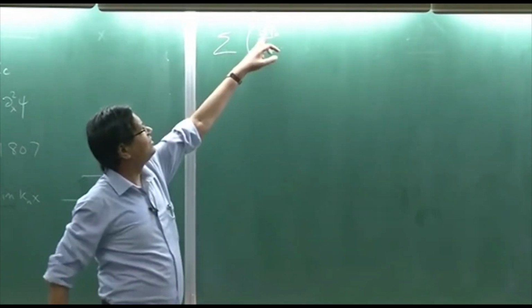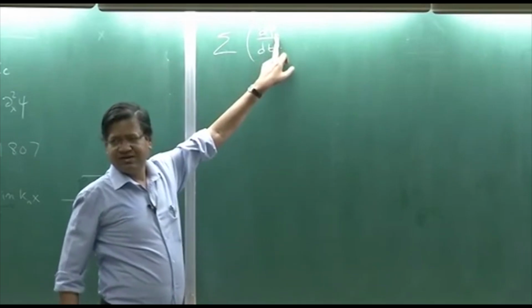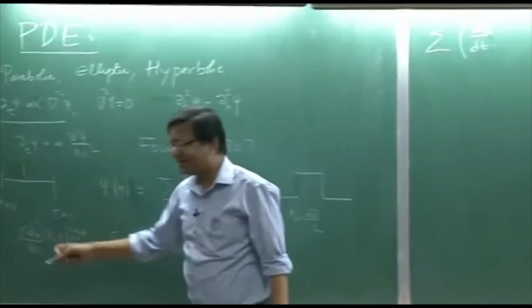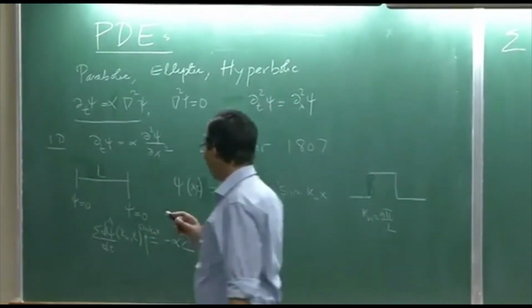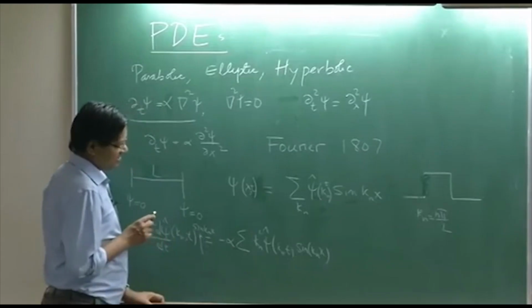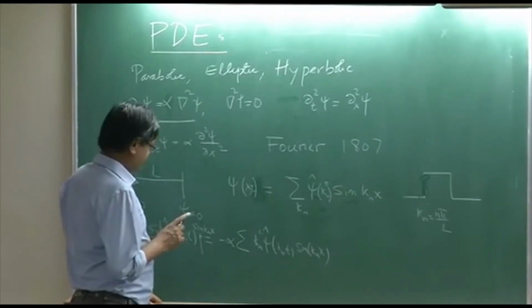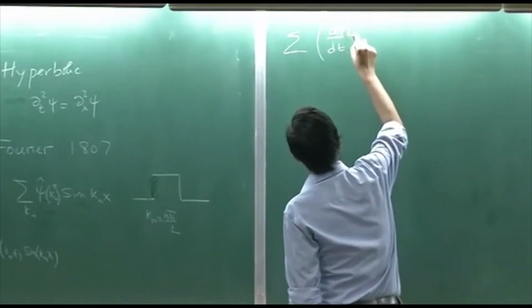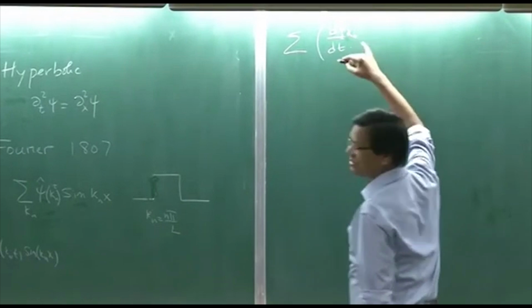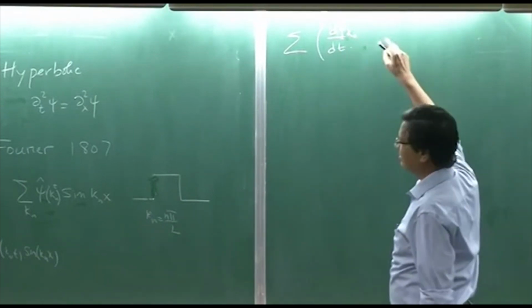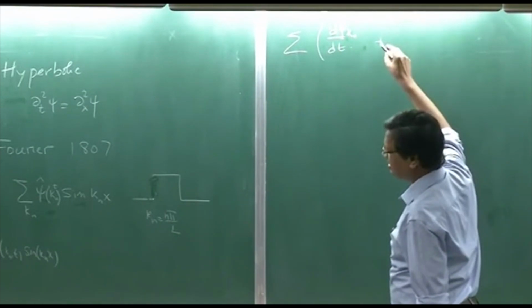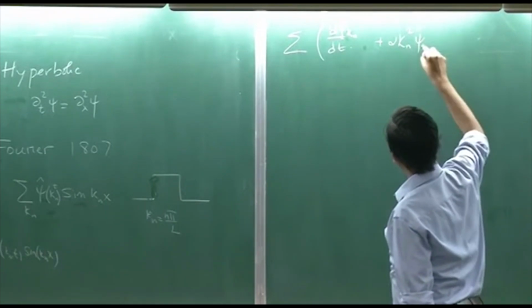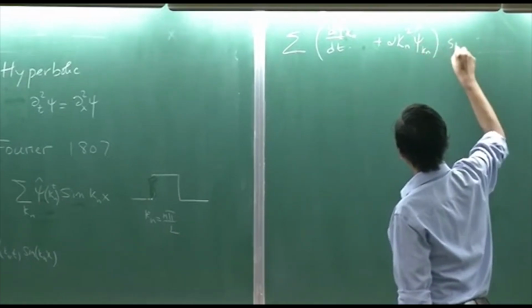This is a notation: ψ_n means the nth, so k_n, this index n. Let me just put a k here, k_n, plus alpha k_n squared ψ̃ of k_n, times sine.